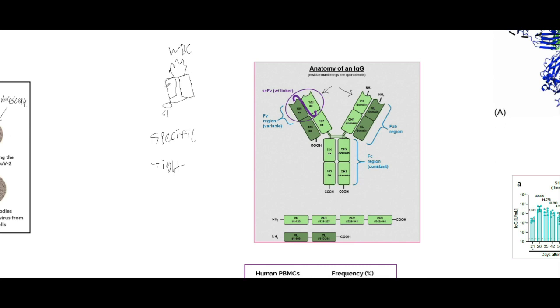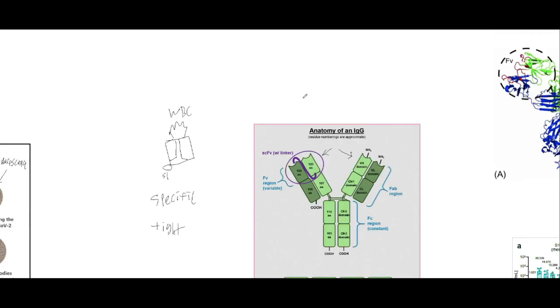And then also, these bind to cells. So if we have our virus here and it has its S1 coming off, if this binds onto the virus, then it starts blocking the virus from entering cells.